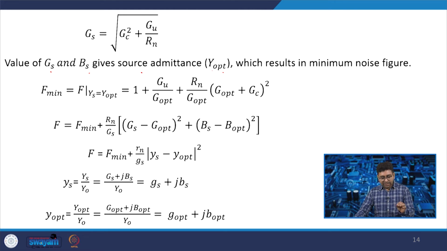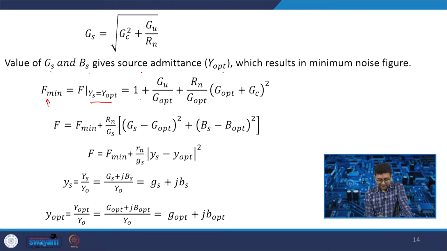Here you can replace Gs with G opt and Bs with B opt. So in the previous equation, what we write down is the F min, the minimum noise figure, where F is evaluated at Ys equal to Y opt.